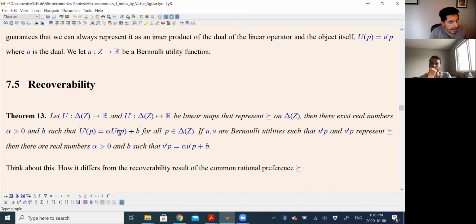Now, what will be the values of alpha and B, right? Such that these utilities represent the preferences and they satisfy the information I gave you. So do you recognize that this question is about a system of linear equations? Not really.